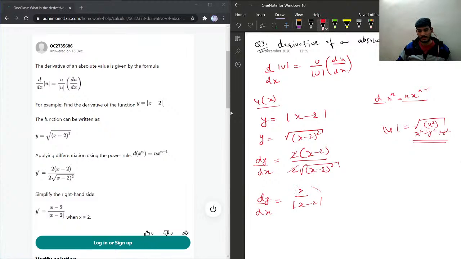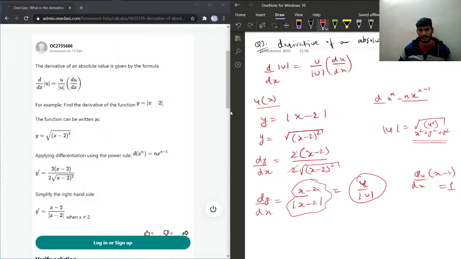This will be x minus 2 over magnitude of x minus 2. Oh god, I'm again writing this minus 2. And du by dx, derivative of x minus 2, will be 1.